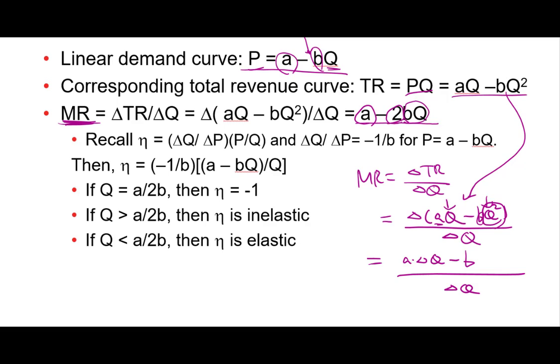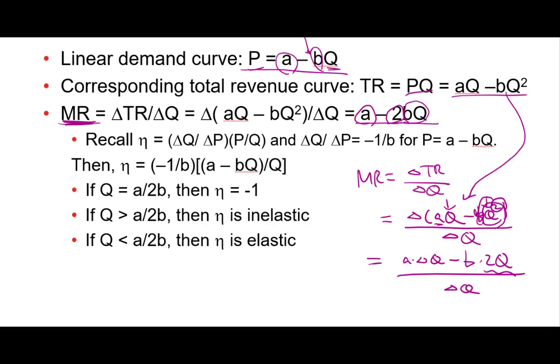If you remember the very basic calculus, the derivative of aQ squared becomes 2aQ, as you move the power 2 to the front, multiply it by that constant, and subtract 1 from the power 2. That's why we have 2Q multiplied in this fraction.